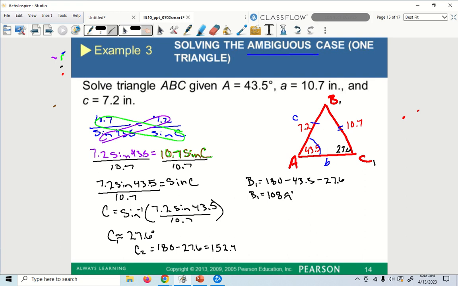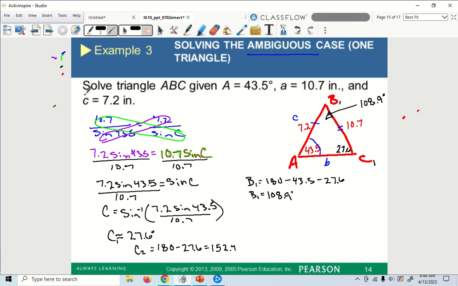Is it going to round? I don't know, because I don't have the calculator. I'm asking you guys to do the math here. Is it correct? Okay, good. Now that is going to be 108.9 degrees. Okay, good.